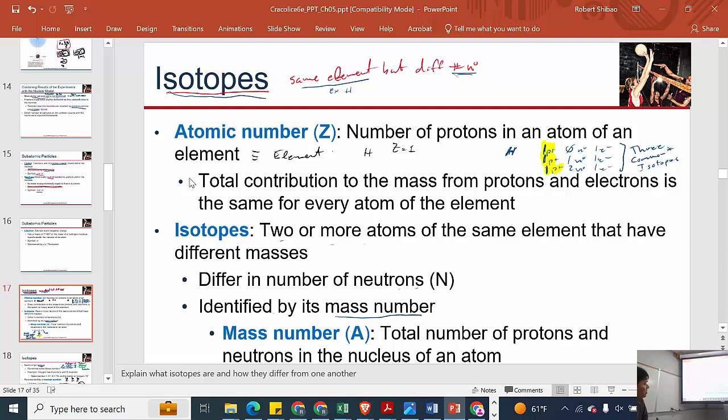All atoms of hydrogen have 1 proton here. But the number of neutrons vary, so the number of protons stays fixed at 1. So the first isotope has 1 proton, 0 neutrons and 1 electron. The next isotope has 1 proton, 1 neutron, 1 electron.